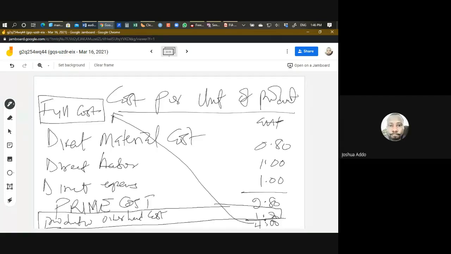Okay, so let me repeat it. I said when we want to cost a product, you see the products are the same. For example, if it is about bottled water, they look the same. So we find the cost of one and we multiply that cost by the number of bottles, we get a total cost.